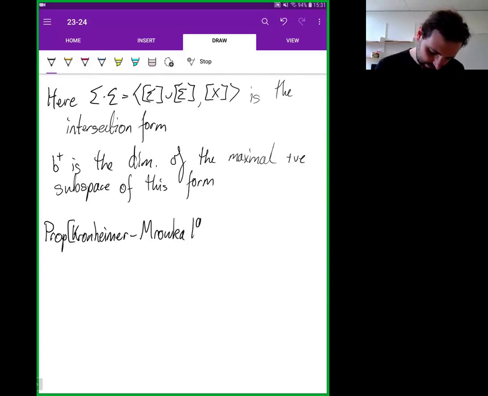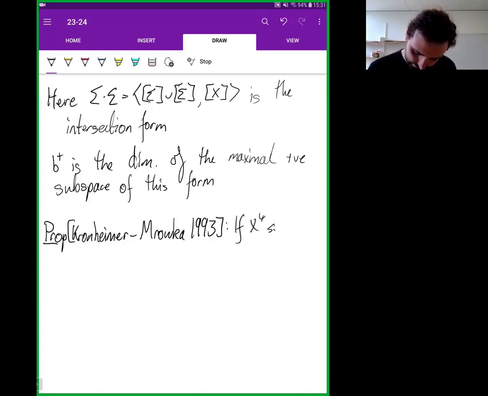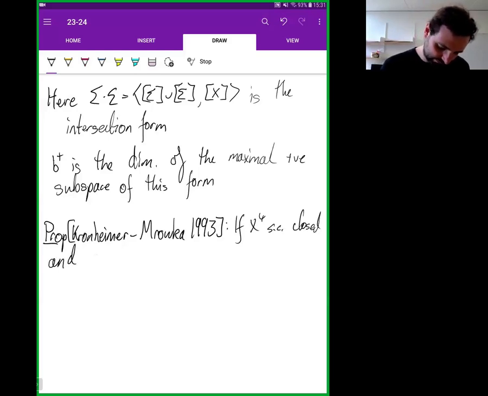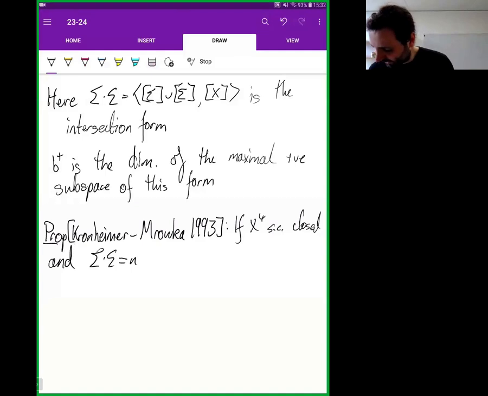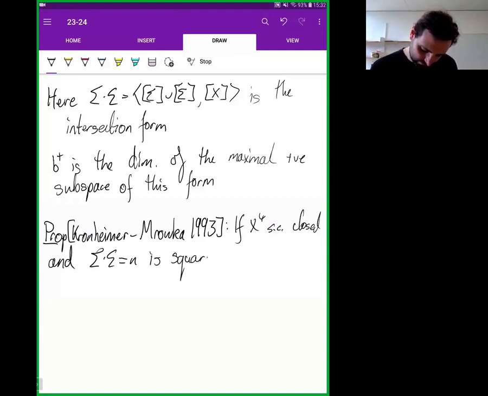So what they prove is, if you have X^4 simply connected and closed, and some embedded surface whose self-intersection number, oops, sorry, my tablet always does this, is square free. By this I mean you don't have the square of a prime dividing n, so 4 doesn't divide n and 9 doesn't divide n and so on.